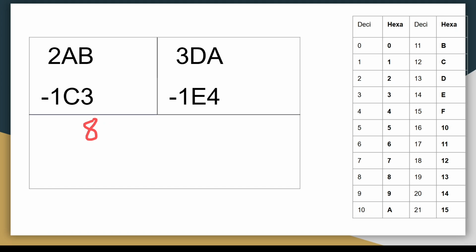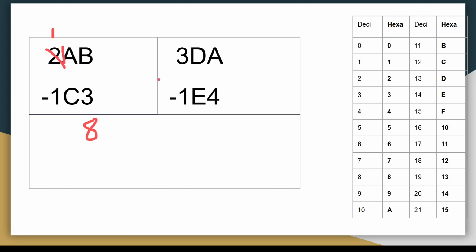Now a minus c. A is less than c, so we have to borrow from this 2 here. It becomes a 1, and this becomes 1a. 1a is a plus 10, and 10 over here is equal to 16. So 16 plus a is 16 plus 10, which is 26.